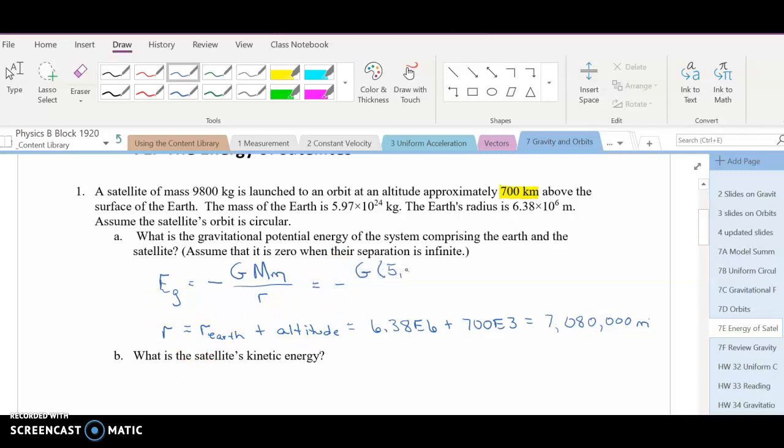Okay, now to go back to finding the gravitational potential energy, it's going to be negative G, the big mass, which is the mass of the Earth, that's the central body here, times the smaller mass, which is 9,800 kilograms, divided by that r, the orbital radius that we just found. Okay, and so when I find this, it is going to be negative.